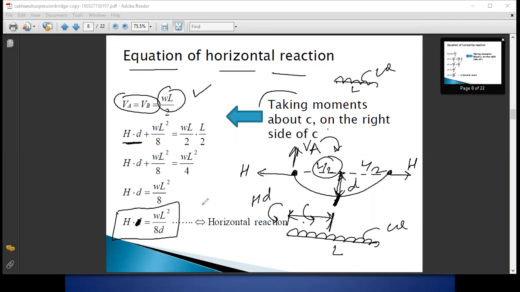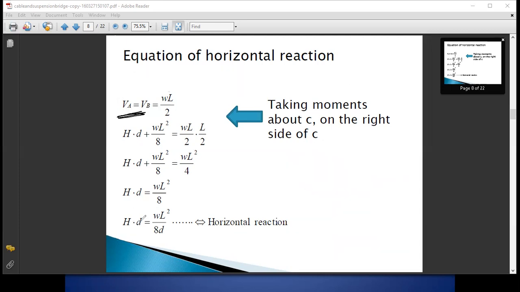So after simplifying, you get horizontal reaction H is equal to WL square by 8D. Understood? Yes or no? Yes. All right. So you get now the vertical reaction and the horizontal reaction. VA, VB, vertical reaction and horizontal reaction, use your H.